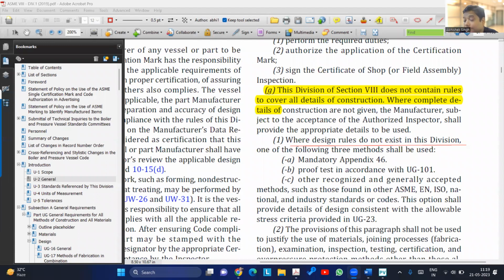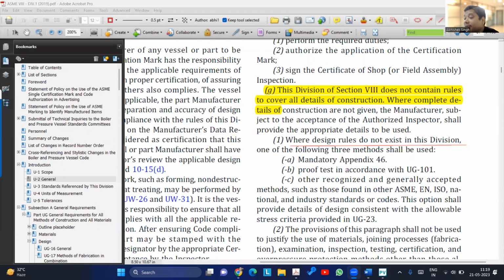Okay, so if a design rule does not exist, then I can go to Mandatory Appendix 46, which tells us that we can go to Division 2. There are lots of rules to that. What is the rule which is very important? That is allowable stress.